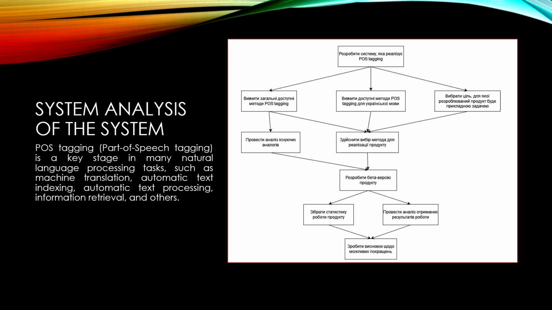And after that, there are two goals: obtain statistics of product work, and analyze the work of the product. And then the last goal is making conclusions for future improvements.